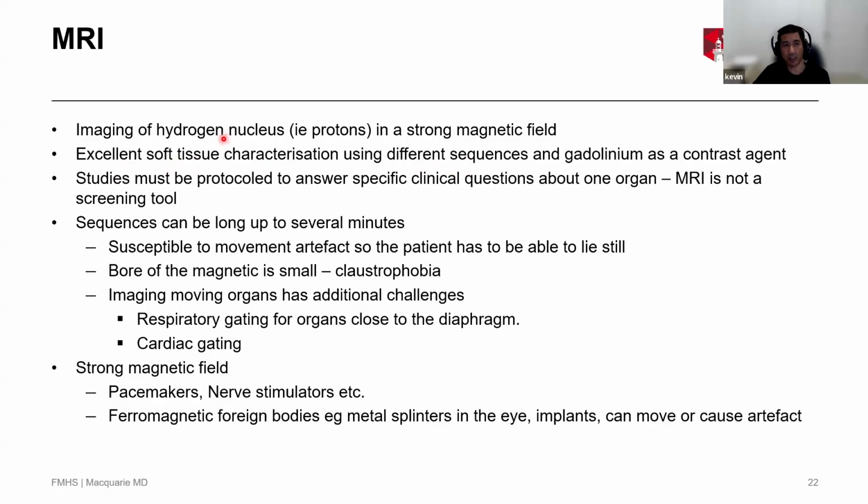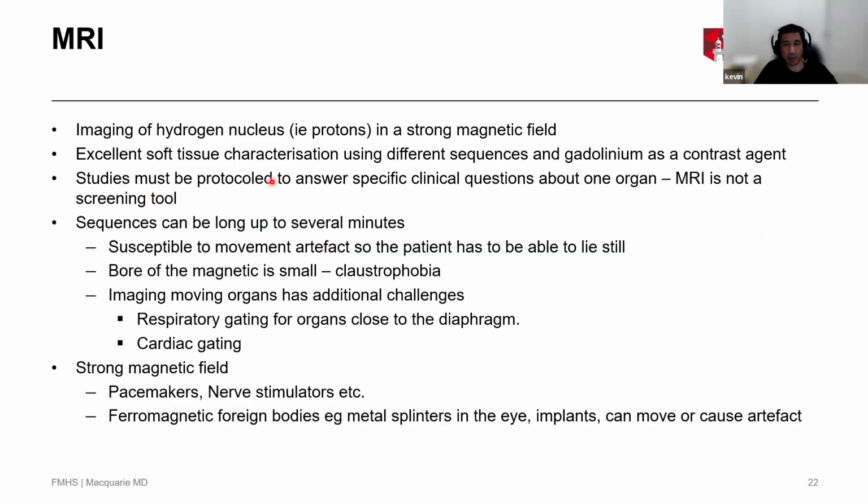And the way the machine can do things to the aligned hydrogen will give you different signal strengths of different tissues. So we can start using different sequences. Plus we can use gadolinium as a contrast agent to image the tissue and to help characterize lesions, soft tissue lesions, as well as bone lesions.